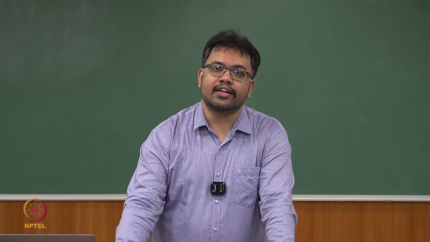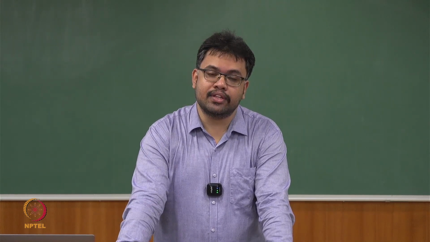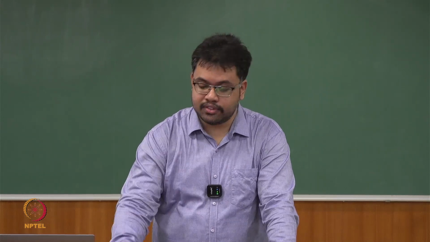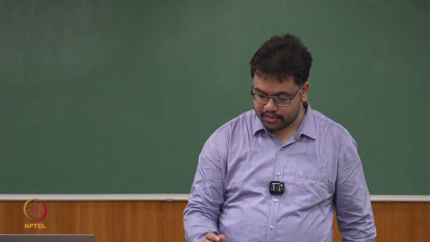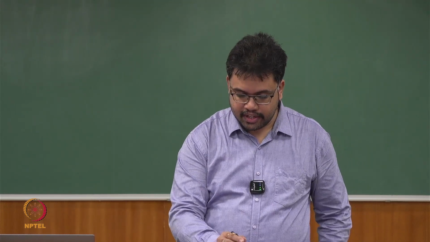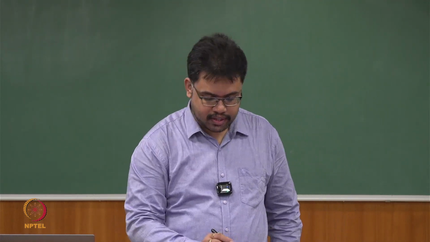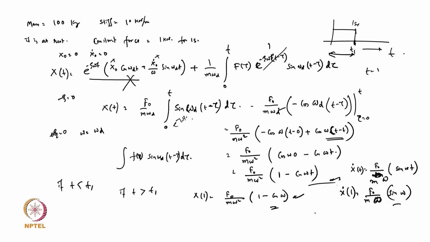On the other hand, in the case of the Duhamel integral, if I go back to the previous lectures, we have seen that sine omega dt is there, so it is very easy to perform, that is an undamped oscillation, and also the magnitude is constant.